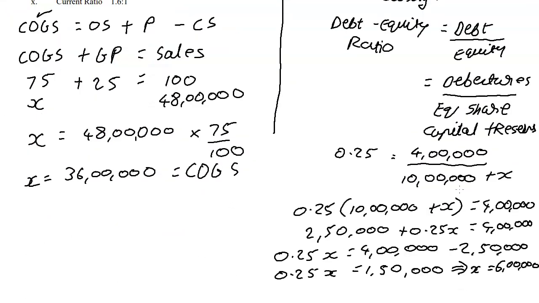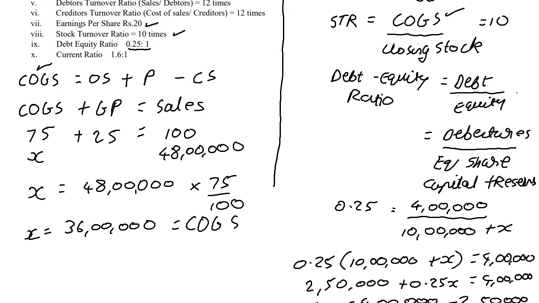Keep in mind the formula for stock turnover ratio. Stock turnover ratio is 10. So 10 is equal to cost of goods sold, which is now 36 lakhs, upon closing stock.